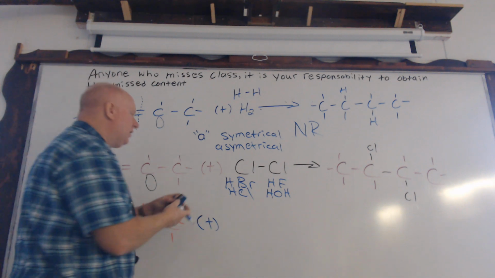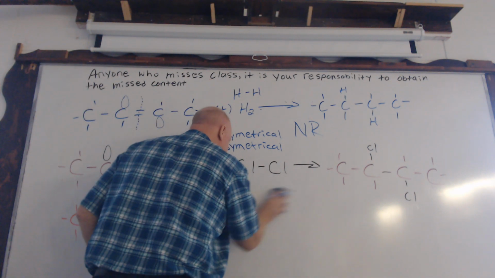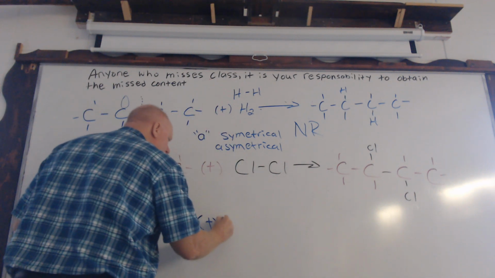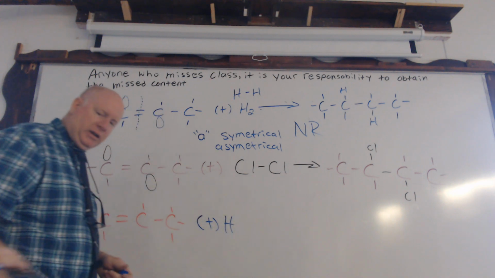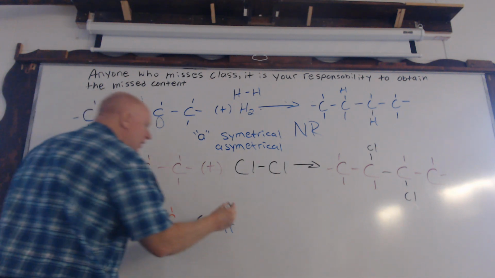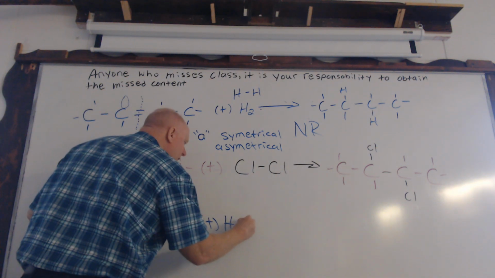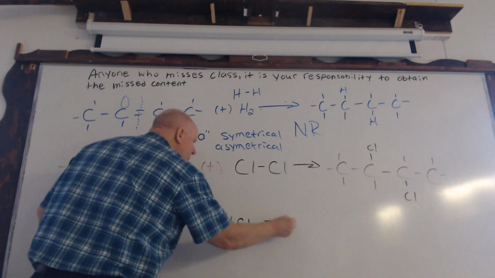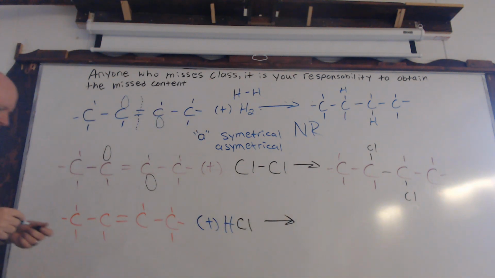But you had mentioned HCl first. So then we'll make that one in blue. And I suppose we could make this one in black. Because we're not quite to Markovnikov's rule yet, okay?